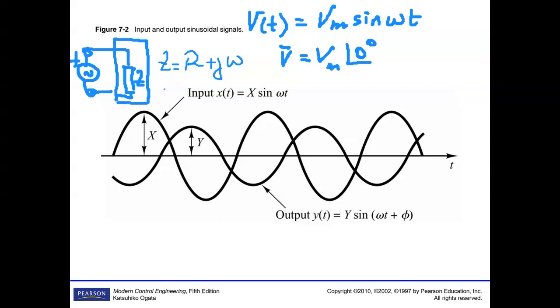If it is so, the complex current is equal to V complex over Z complex.